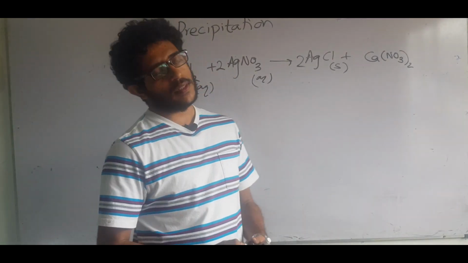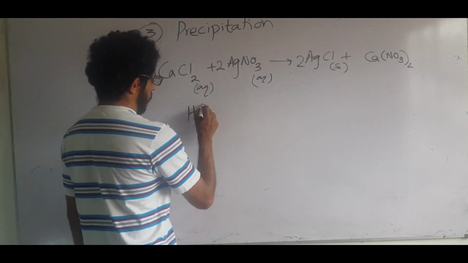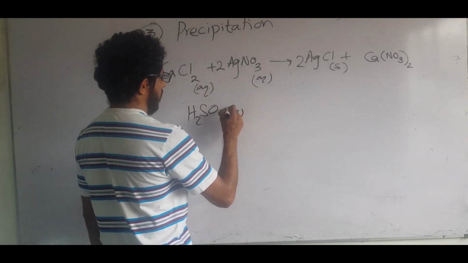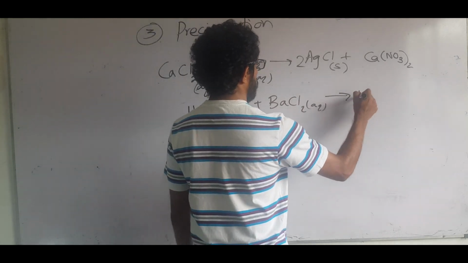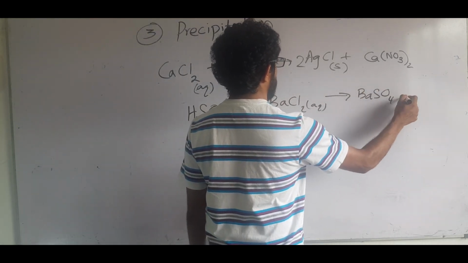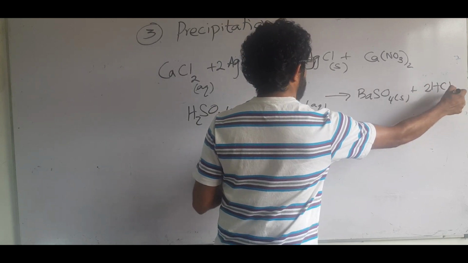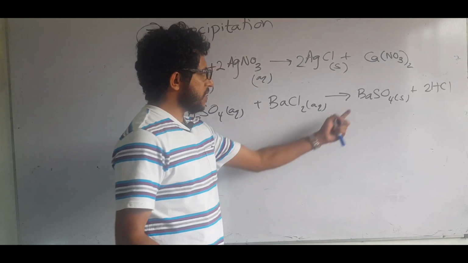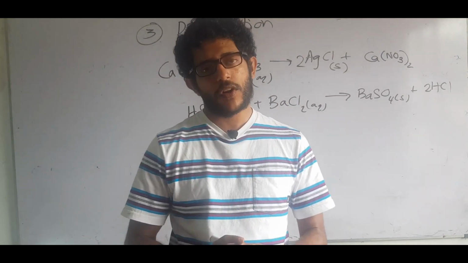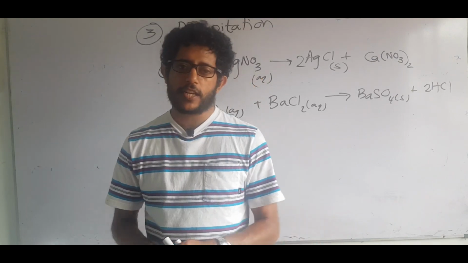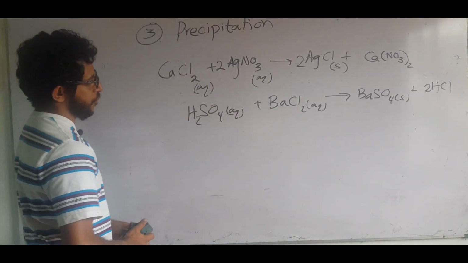A very common one: H2SO4 aqueous reacts with barium chloride aqueous to produce barium sulfate solid, and in this case it is 2HCl. So, two aqueous substances react together to produce a solid, we call it a precipitation reaction. That is the third type we get in inorganic chemistry.